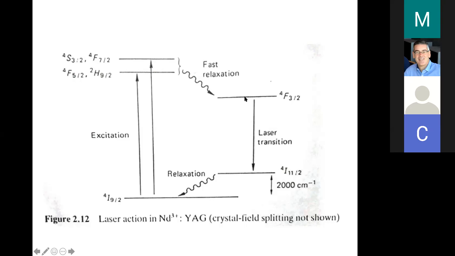And in the right electronic structure, such as for neodymium 3+ here, you can also pump up and get population inversion and create a laser. So a very commonly used laser is the neodymium YAG laser, where you've doped neodymium 3+ into an yttrium aluminum garnet oxide solid.